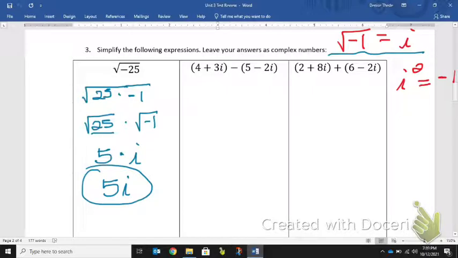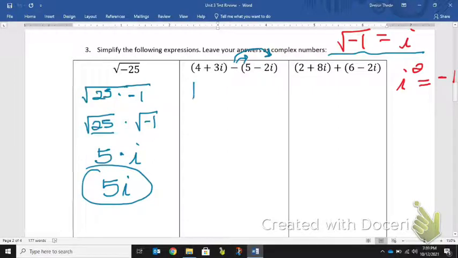All right, next we need to simplify these 2 expressions. They are being subtracted. A couple of things you can do here. This subtraction needs to carry the negative for both of these terms, almost like you're distributing it.